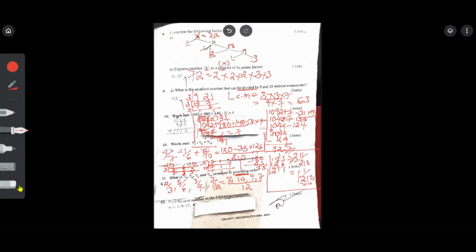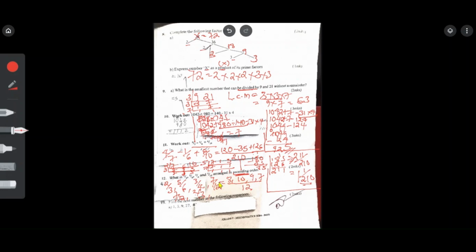Let me arrange now. The least of all is 8. Not 8, it is 7. So 7 is represented by this one. So I'll begin from 7 all over 12. Then the second one is 8. 8 is 2 all over 3.